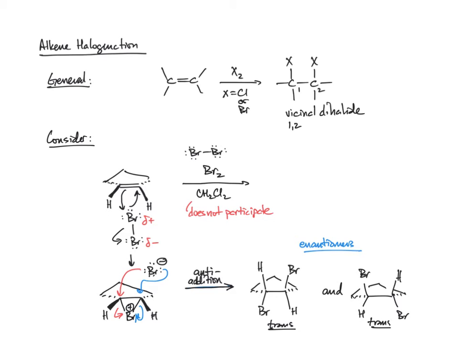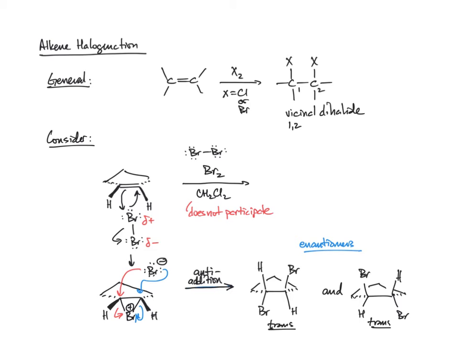If they're enantiomers, we're starting with an alkene that is achiral, the bromine is achiral, the solvent is achiral, and we're forming enantiomers. What ratio do we form those enantiomers in? So we're forming both of these. Again, an enantiomer is a mirror image stereoisomer. What's the ratio that we form these in?